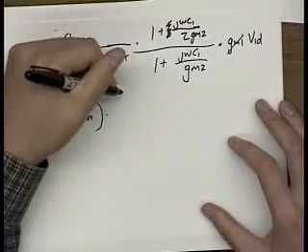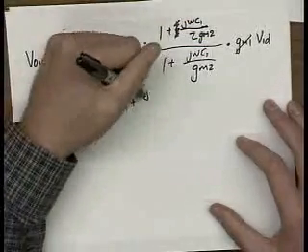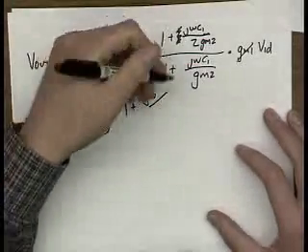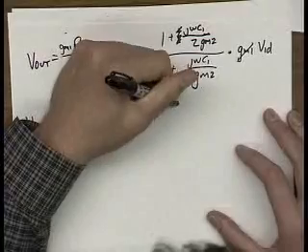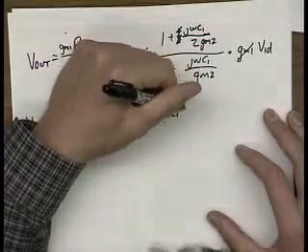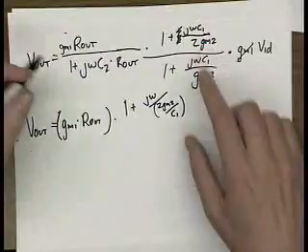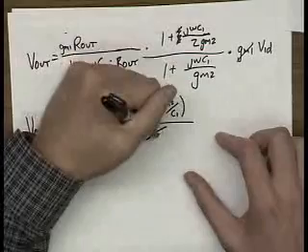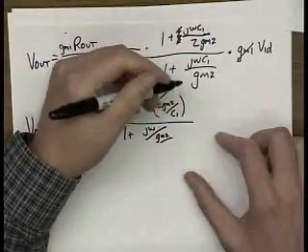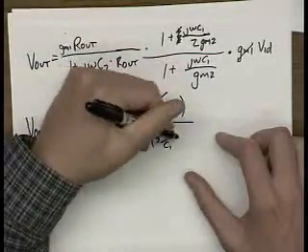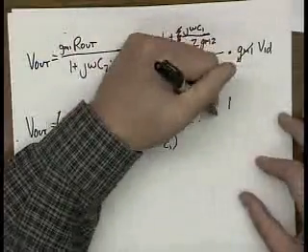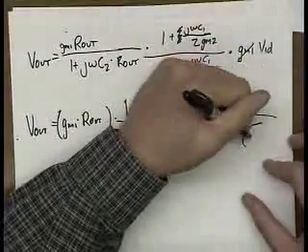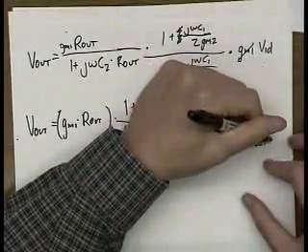Okay, now let's look at the poles and zeros. 1 plus j omega over 2 Gm2 over C1. That's the numerator here. Over 1 plus j omega divided by Gm2 over C1, times 1 over 1 plus j omega over 1 over R out C2.